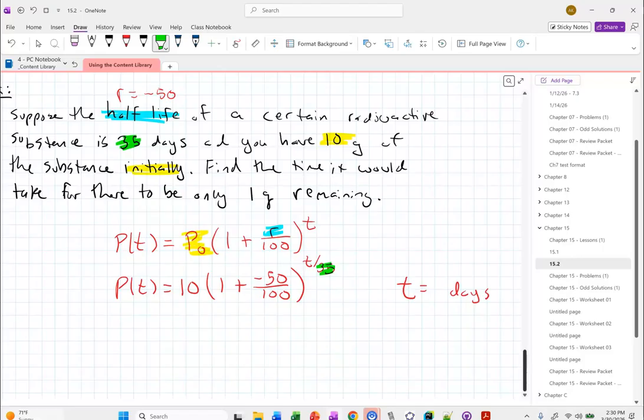Okay? And now what we want to do is solve for when P of t is equal to 1.